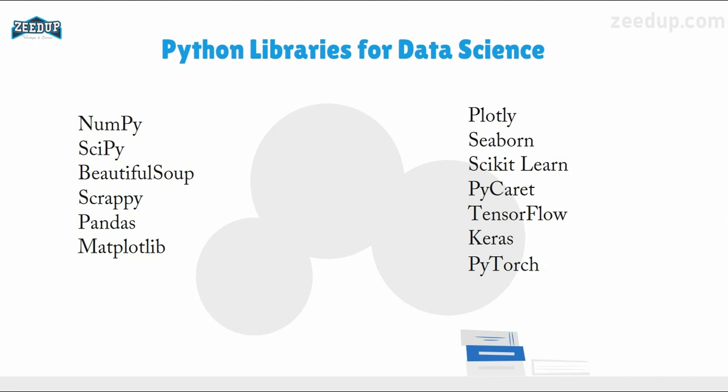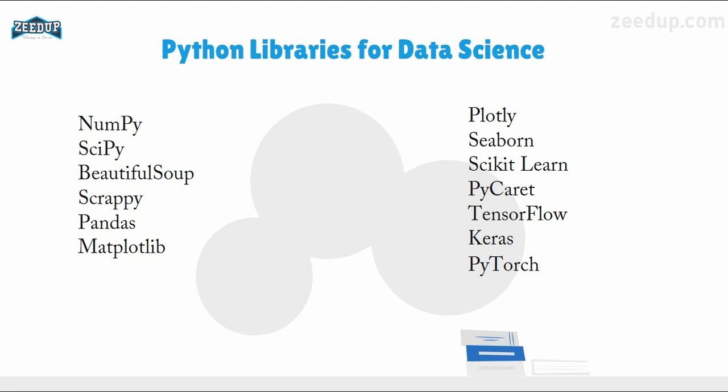So for this, we are going to use this NumPy library that helps you to work with different machine learning and deep learning applications. It stands for Numerical Python. Next we have SciPy, that is Scientific Python. That is the go-to library that you can use whenever you want to compute anything scientifically, and it is used heavily in the field of mathematics.